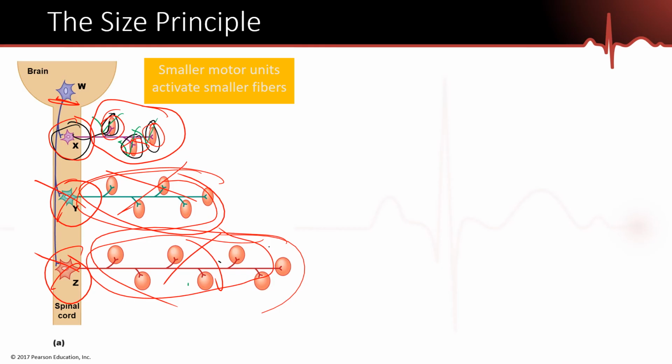Because we know that alpha motor neuron X would have to fire at at least 20 action potentials per second to get these small, slow twitch muscle fibers into a state of tetanus. And that tells us that the primary motor cortex neuron would have to fire at a much, much higher frequency than 10 action potentials per second to get alpha motor neuron X to fire at 20 action potentials per second.